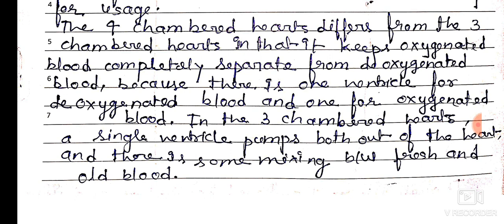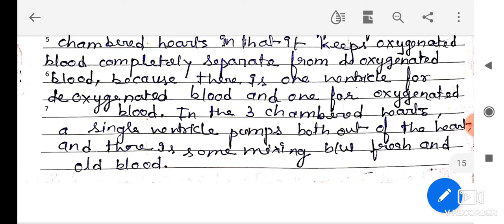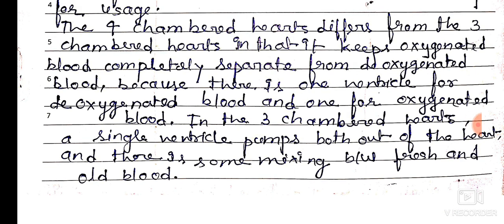The four chambered heart differs from the 3 chambered heart in that it keeps oxygenated and deoxygenated blood separate. There is one ventricle for deoxygenated blood.